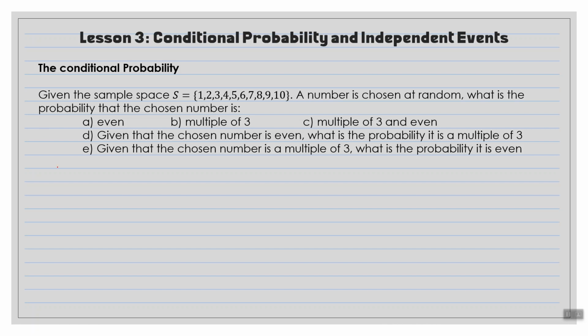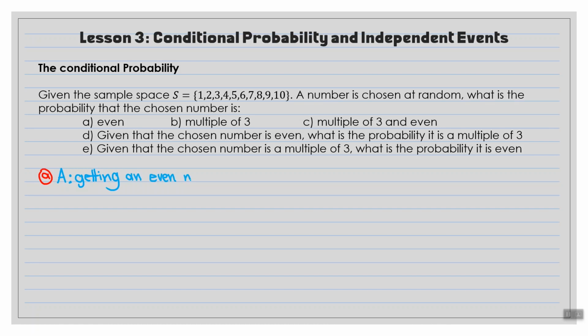Now, the sample space we have is from 1 to 10. In part A, they are actually defining an event for us. Let's call this event A. What is this event exactly? It's the event of getting an even number. We're going to choose a number, right?